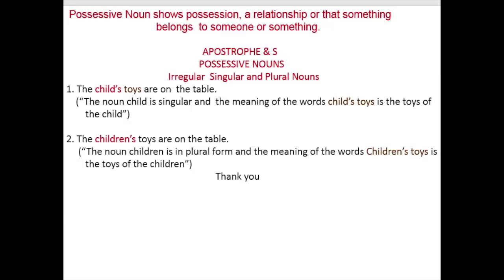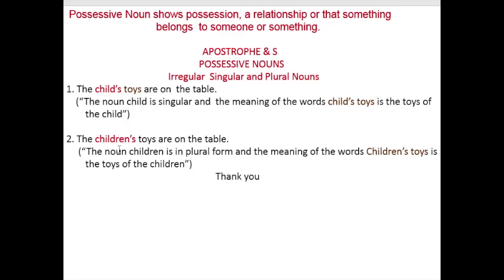Irregular and plural nouns. Irregular singular and plural nouns we are going to see here. 1. The child's toys are on the table. Child is singular, apostrophe and S. The noun child is singular and the meaning of the words child's toys is the toys of the child. Whereas here in the second sentence, the children's.